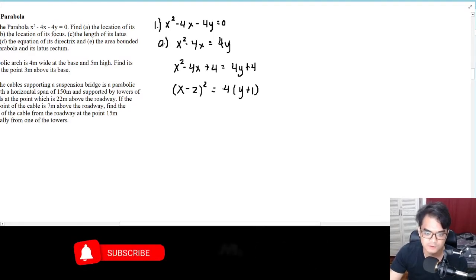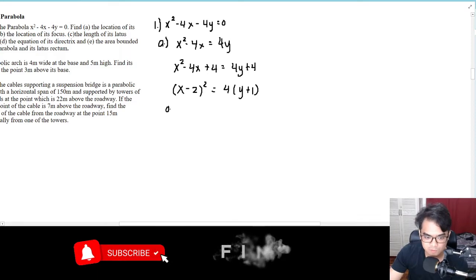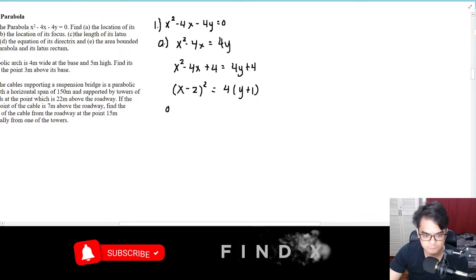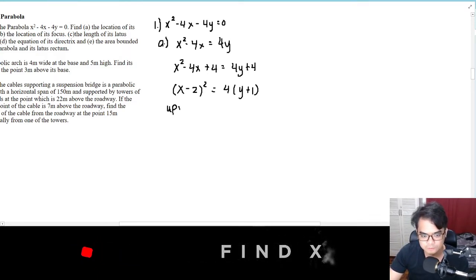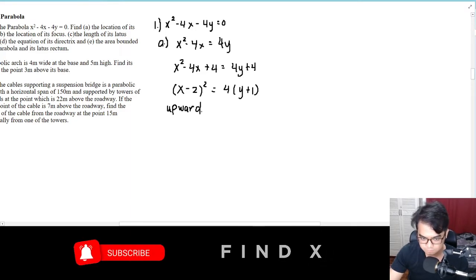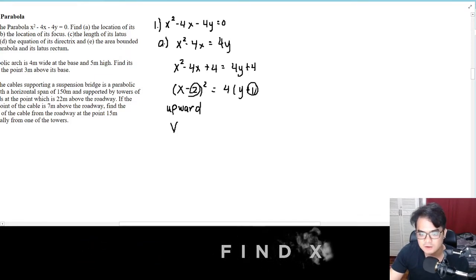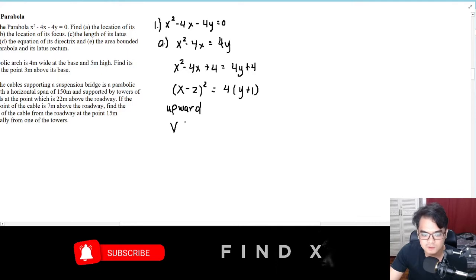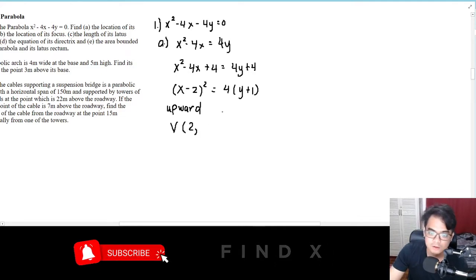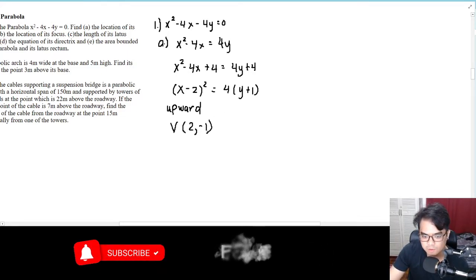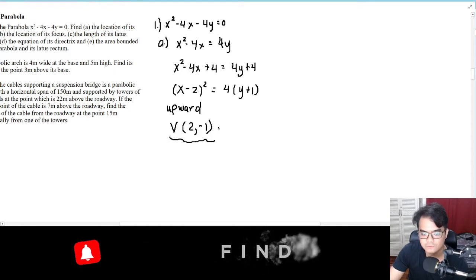But you don't put the positive anymore. So the opening of this one is upward. And then, by comparison, you have to change the signs of the h and k. Okay? Therefore, the vertex is 2, and that's plus 1, so it should be negative 1. Okay? So this is the vertex.